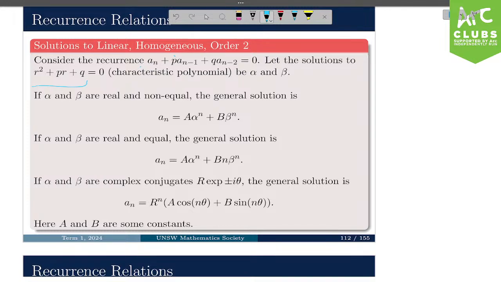That's basically what it's saying here. If your alpha and beta are real and non-equal, then the general solution is this, where a and b are some constants.